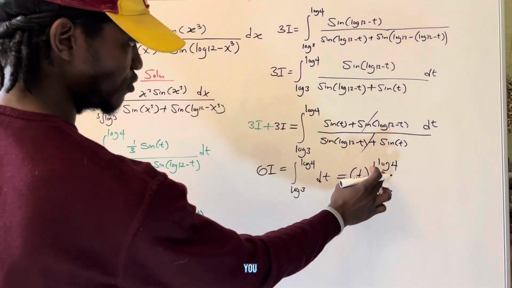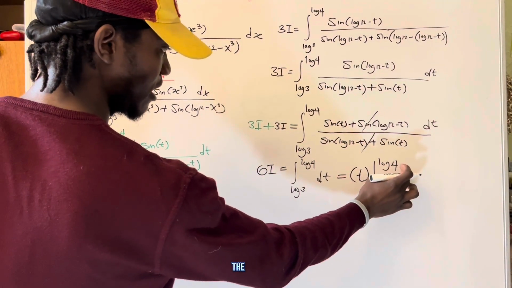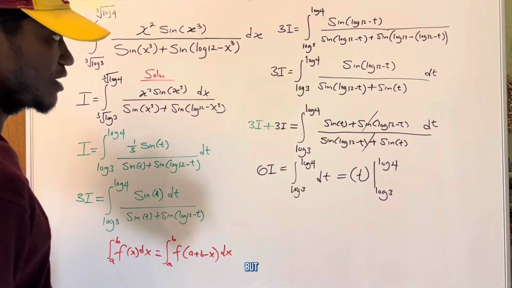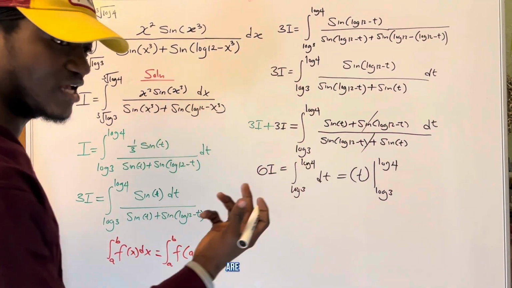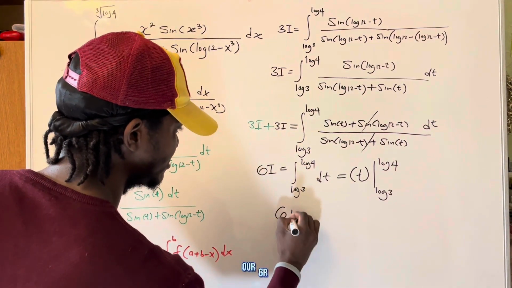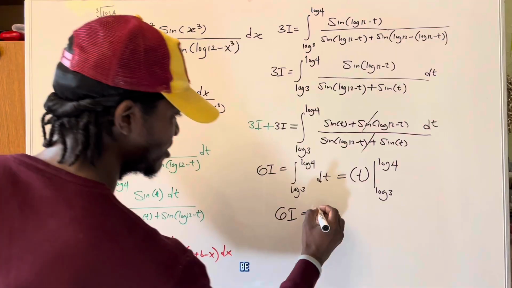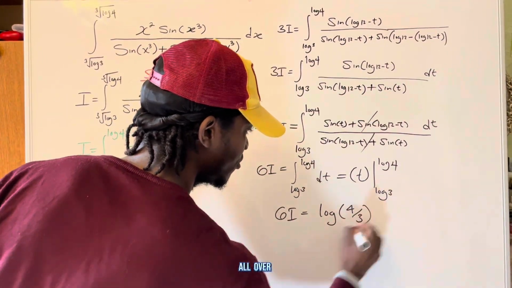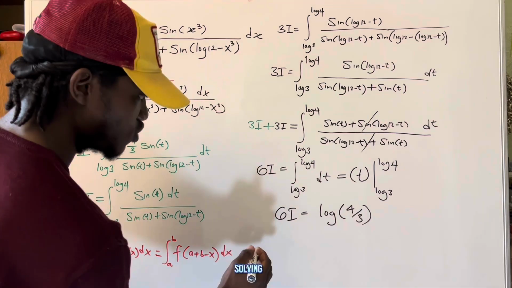So if you do the algebra, this will just be log 4 minus log 3, but in logarithm, when we are subtracting, we divide. So it means that our 6r will just be equal to log of 4 over 3. Now what do we do in solving for r?